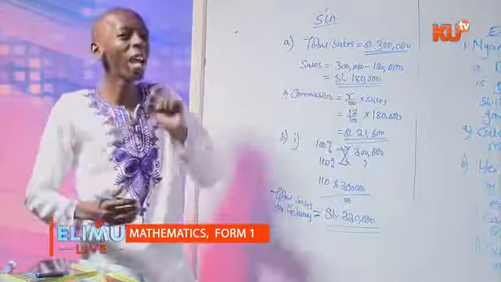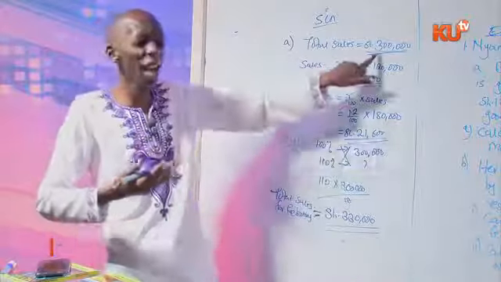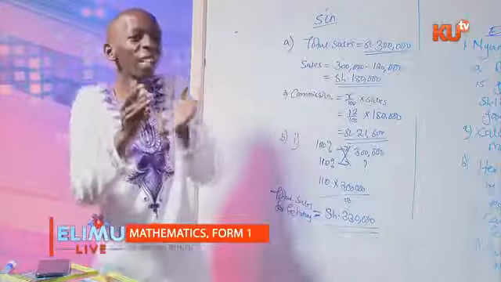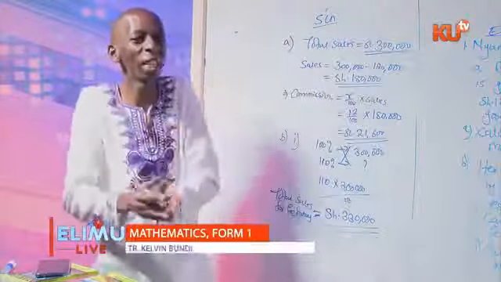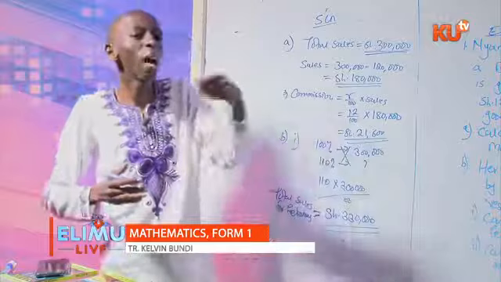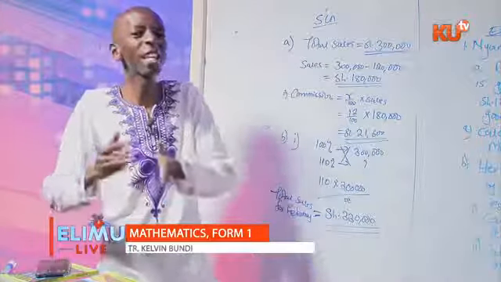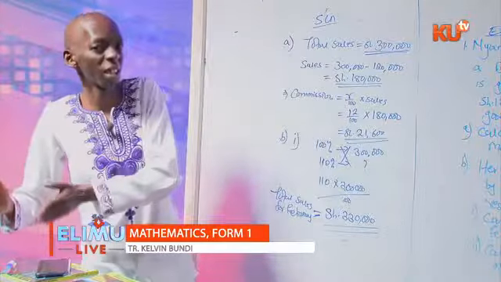Now that our total sales increased by 10% for the month of February, we know that in January, the total sales was 300,000. And this 300,000, let us take it as 100%. Then for the month of February, it increased by 10%.